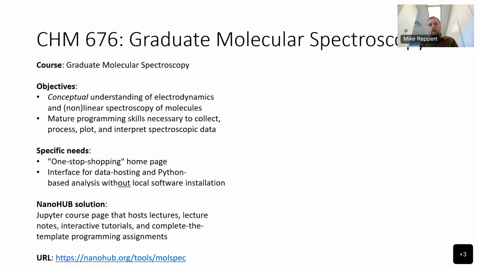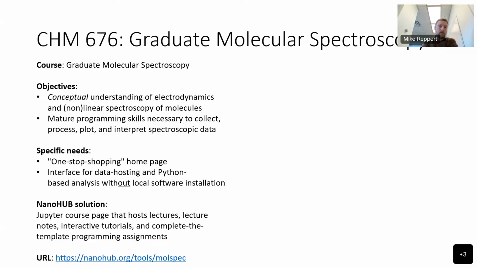The content for the graduate course that I teach in molecular spectroscopy is similar. So again, I use nanoHUB to host the homepage. The main differences between the graduate course and the undergrad course is, in this case, I'm expecting students not necessarily to come in with more programming knowledge, because some of them, again, don't have programming knowledge when they come into the course.